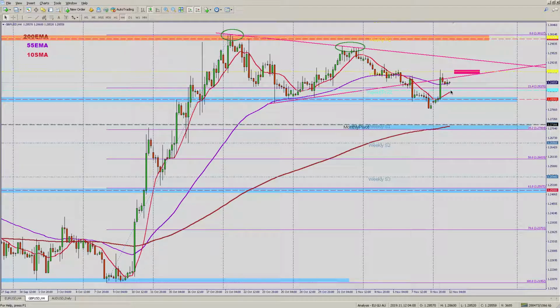So over the next couple of days, it could be volatile as well. And for now, the UK elections will be a key event until the 12th of December. So any positive news for the Conservative government party will give a boost to the cable.